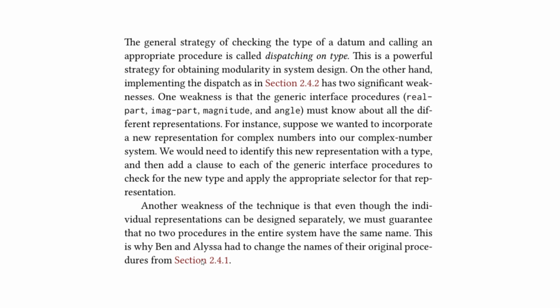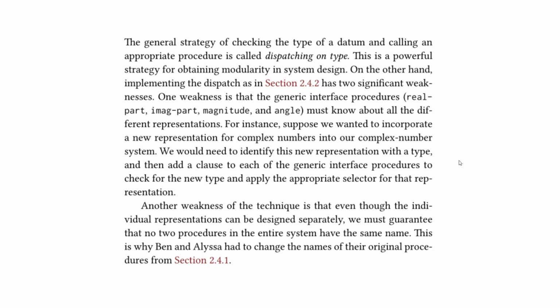So this Ben and Alyssa part is a little bit confusing because I haven't touched on it, but basically in the textbook, they're using this story of Ben wanting to use the rectangular representation and Alyssa wanting to use the polar representation. And in the second subsection, when we're using tagged data, when we're dispatching to the corresponding procedure based on the tag, we have to make sure that none of the names of our procedures collide. Otherwise, we're going to end up with compile issues.